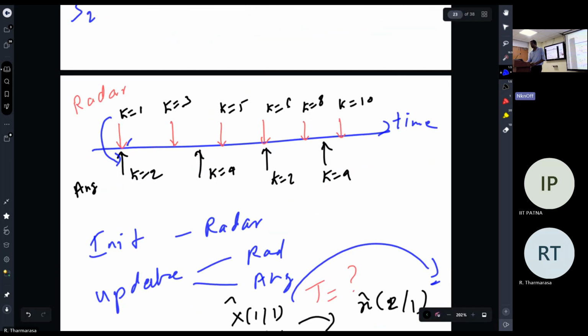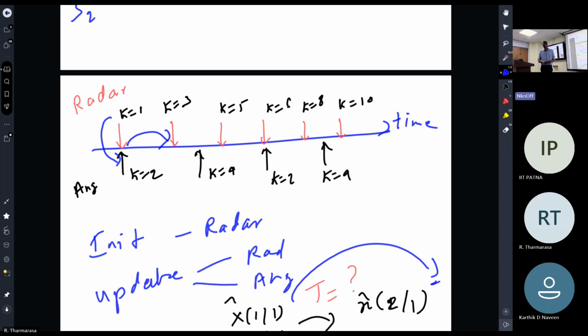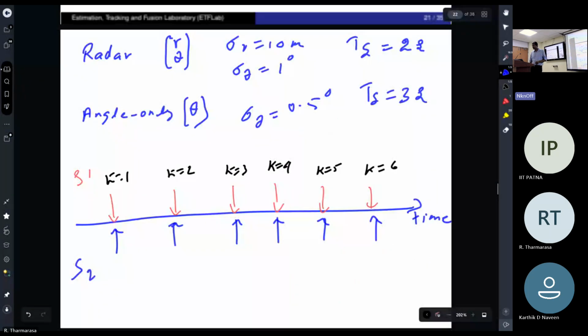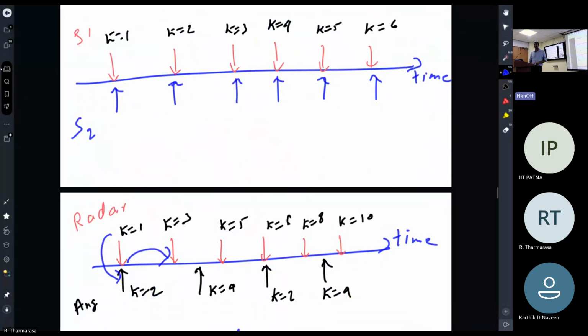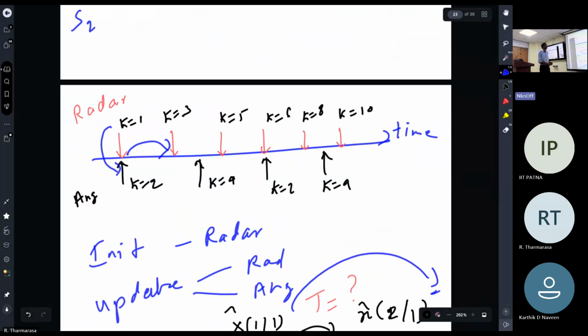Then what do you do? Then you go here. In this case, what should be the T value? T should be 2, right? That's 2. So with 2, you go here and update with the radar. Then you use T equal to 1.